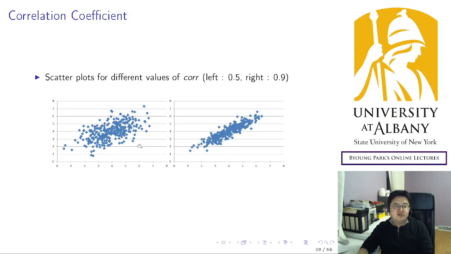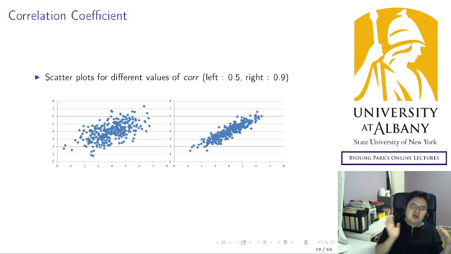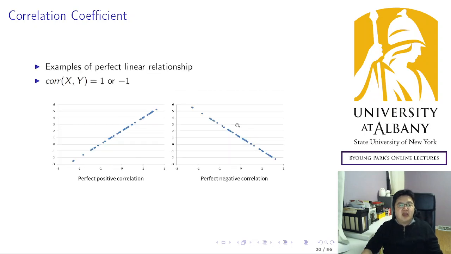For example, if you compare these two graphs, you can simply summarize their difference using the correlation coefficient. The left one has correlation coefficient of 0.5 and the right one has 0.9. So much stronger relationship, which means the errors are smaller, deviations are smaller, and all the observations are closer to the trend line. The trend is much clearer, right? And this is an example of a perfect linear relationship, either 1 or -1.